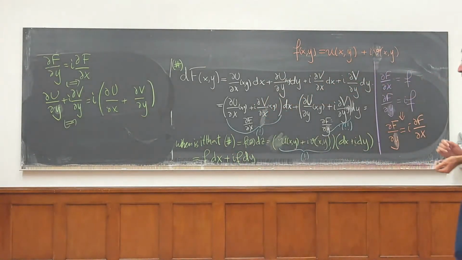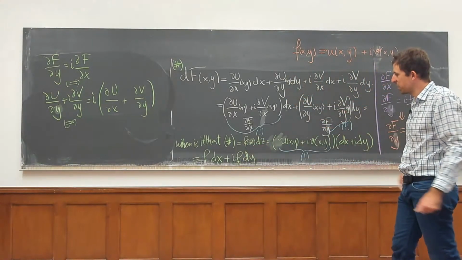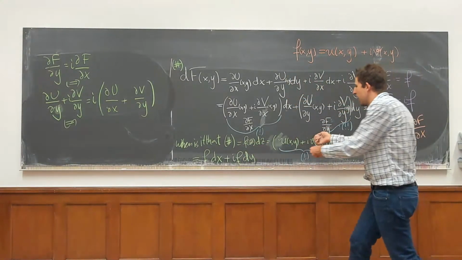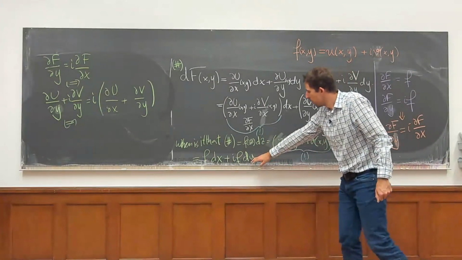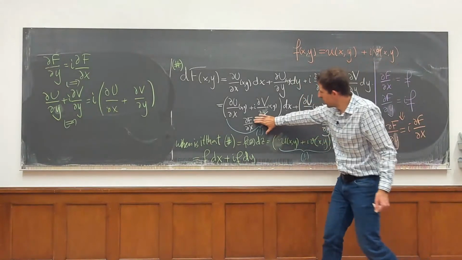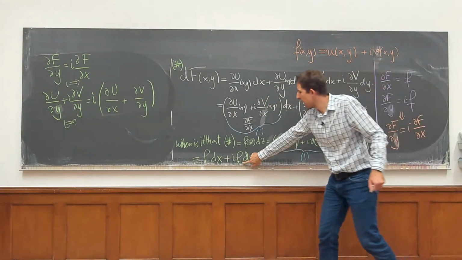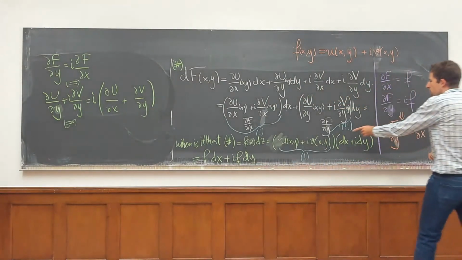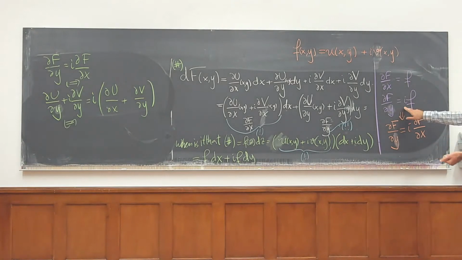I could have gone, of course, straight from this line to this line, just from dz being dx plus i dy. I'm just putting this in so that you could justify it with a few more calculations. Okay, so we have this. Then this term needs to be equal to f, and this term needs to be equal to if. Agreed, right? And it is exactly what I have here. Okay. All right. Thank you.